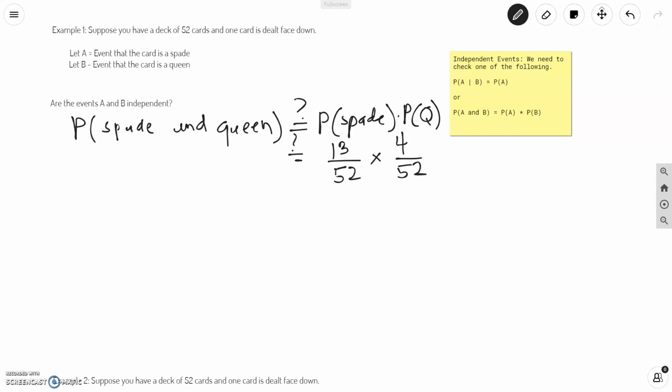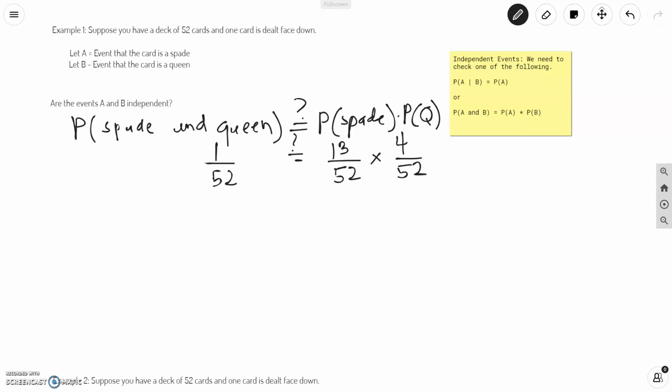Now, the left-hand side, do we know what the probability of being spade and queen is? So out of 52 cards, how many of them are spade and queen at the same time? There is only one card that is spade and queen. Yes, there's only one card. It's the queen of spades.